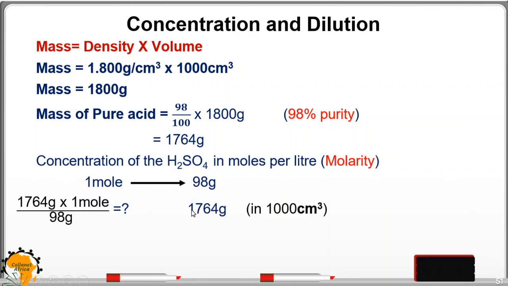So what about 1764 grams? You multiply by 1, then divide by that, and you get your answer as 18 moles in 1,000 centimeters cubed, because we used a volume of 1,000. Therefore, this translates to 18 molarity.